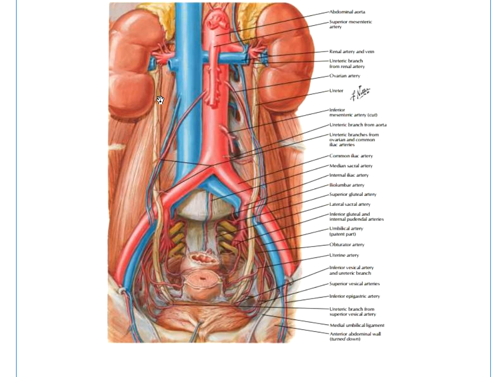The proximal part of the ureter also receives blood supply from renal arteries. Then the middle part receives blood supply from gonadal arteries, which may be testicular or ovarian arteries, and also from common iliac vessels. Then the distal part receives blood supply from internal iliac vessels, the same as the urinary bladder. This is the implication of this image.